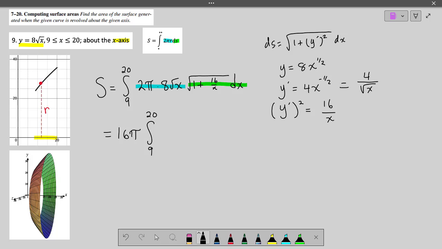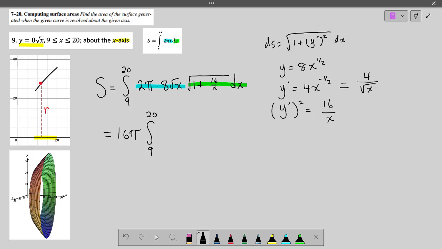If the insides matched, you might be able to do something different. But if the insides don't match, what if somebody says, hey, what is square root of 2 times square root of 3? What does that equal? Square root of 6, right? So if you have two square roots, you multiply the insides.